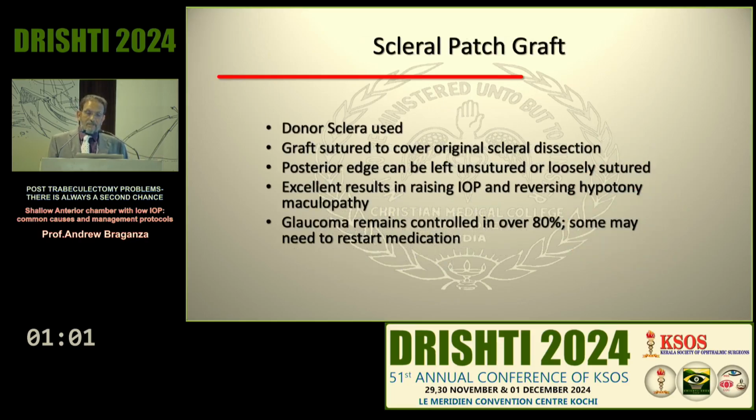You use donor sclera and you suture the graft to cover the entire original scleral dissection, and the posterior edge is usually left unsutured so that it continues to drain in that direction. And surprisingly, it works and the glaucoma remains controlled in most of the patients.